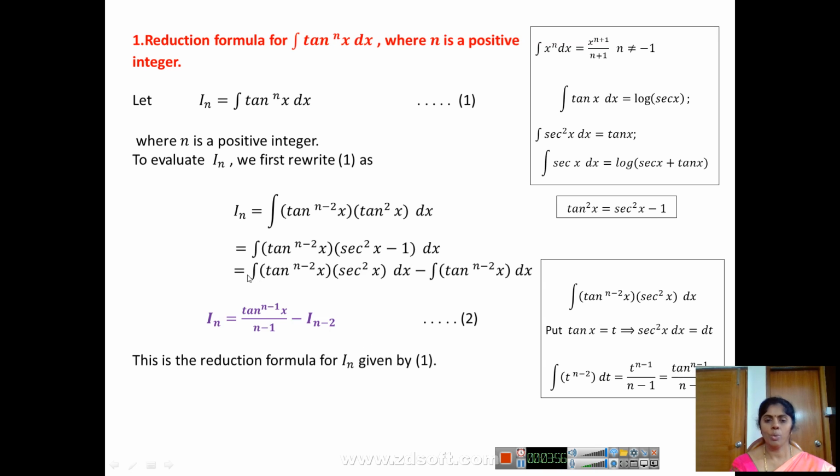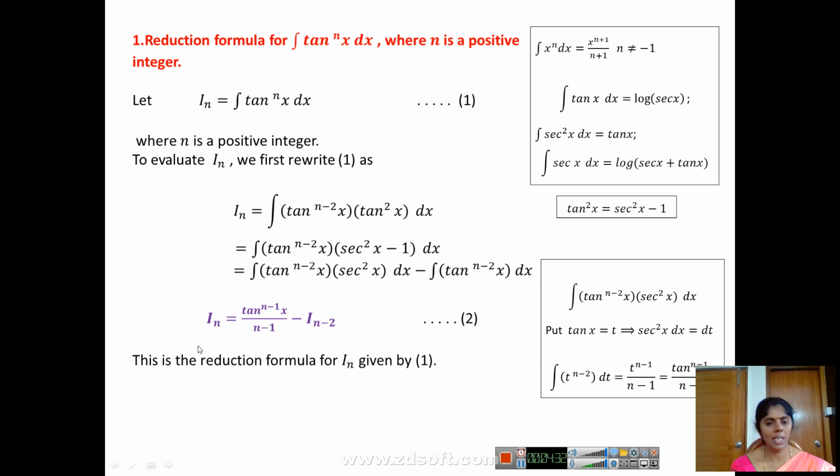So integral of tan to the power n minus 2 of x into secant square x dx is easily integrated, and we can write it in this form: tan to the power n minus 1 of x divided by n minus 1, minus the term integral of tan to the power n minus 2 of x dx, which can be denoted as I_(n minus 2). This is the reduction formula for integral of tan to the power n of x dx.